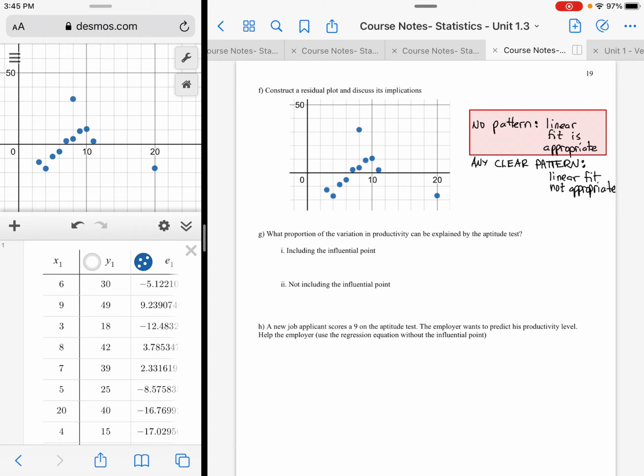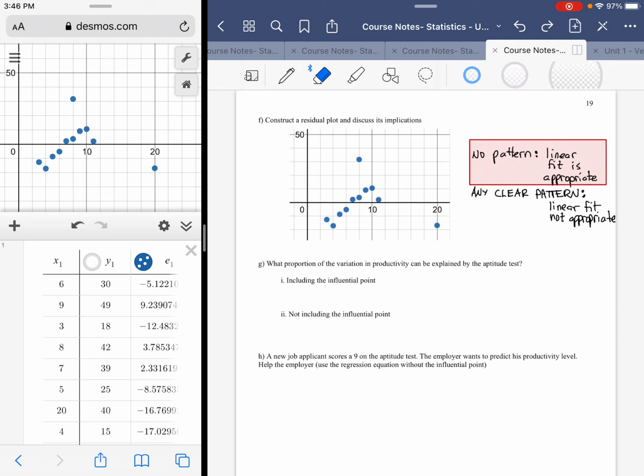All right, so what proportion of the variation in productivity can be explained by the aptitude test? Now, proportion of y, because productivity is the measure of y in this case, not always, but that's a y variable. Can be explained by the aptitude test. Aptitude test is a measure of x.